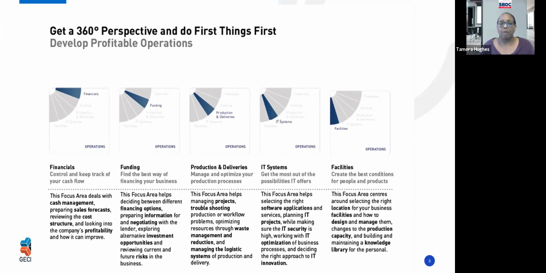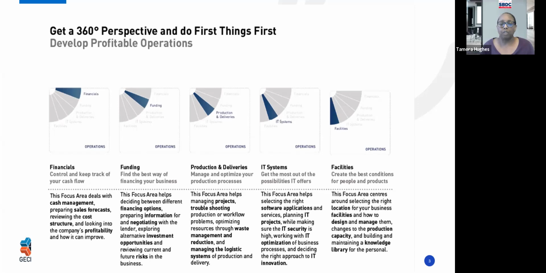This section talks about control and how to keep track of your cash flow. So it will share with you information in detail about how to do cash management, prepare sales forecasts, review cost structure, as well as look into how your company can become profitable and how it can improve. The next piece of the pie is funding.